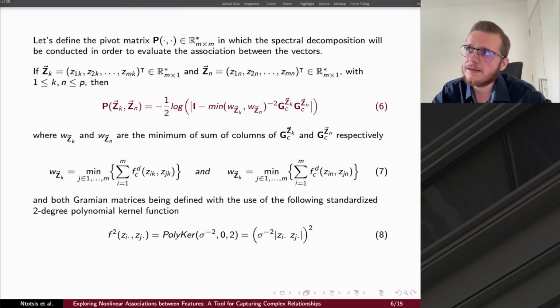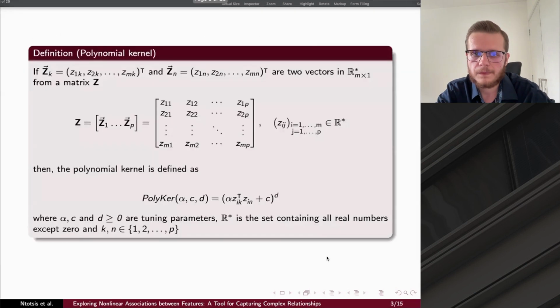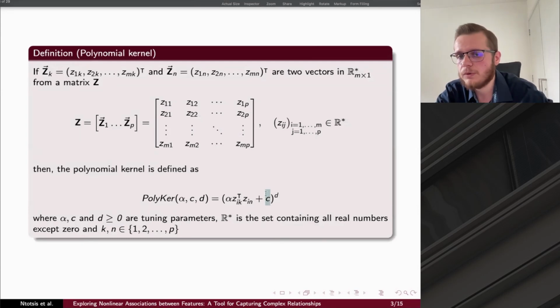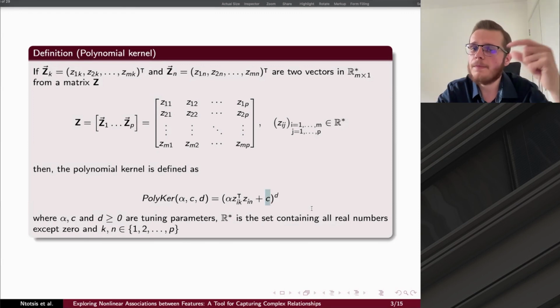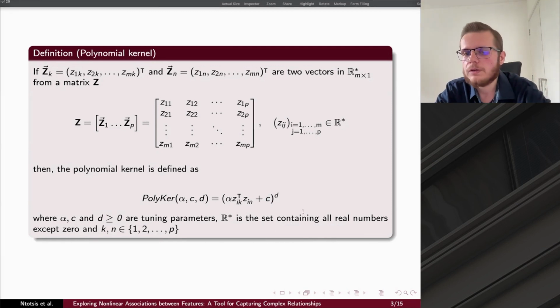And when you use the standardized polynomial kernel, we saw that we have better results than the polynomial. So basically, we tried different parameters and different scenarios with different tuning parameters. For example, we saw that in most cases, when we do not include a constant term, we tend to get better results when it is set to 0.